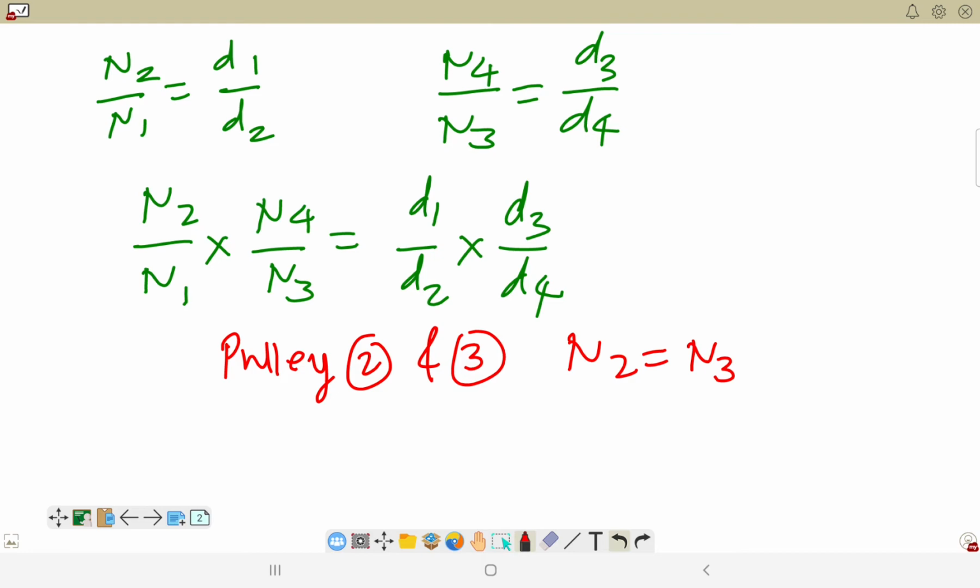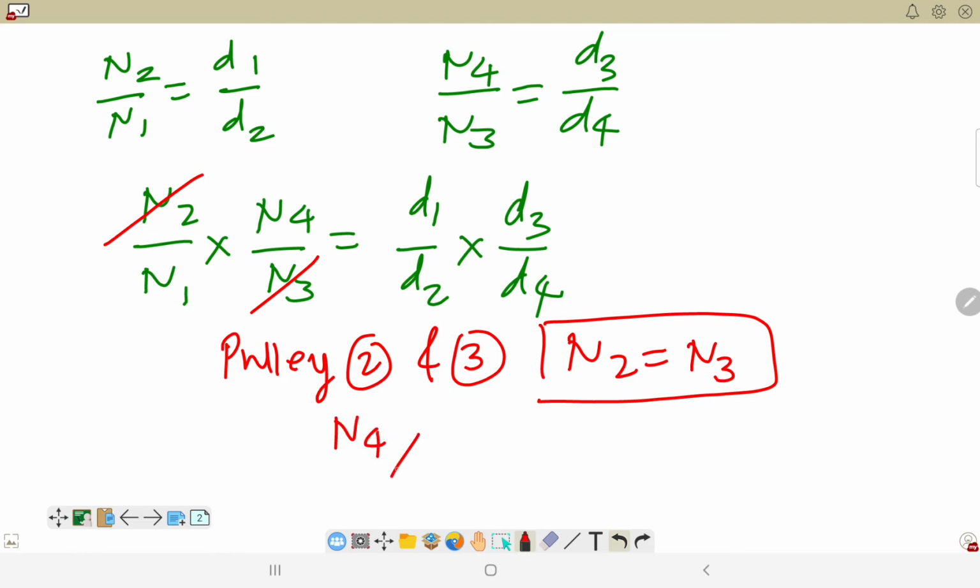Because of this, N2 and N3 get cancelled, and we can write N4 upon N1 is equal to D1 into D3 upon D2 into D4.